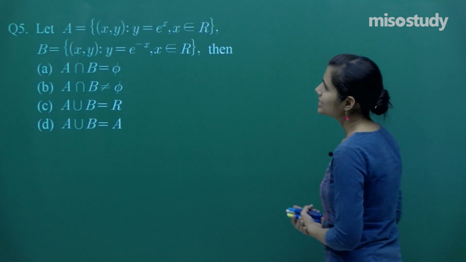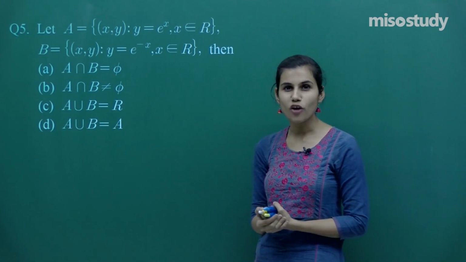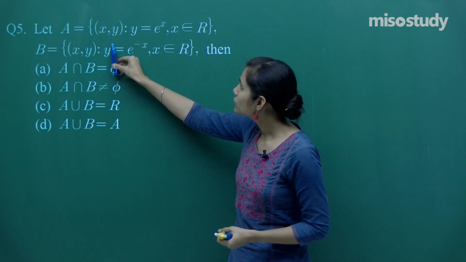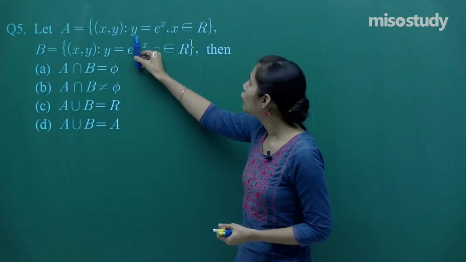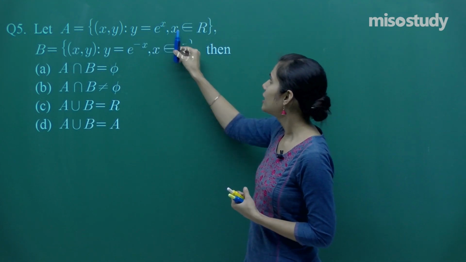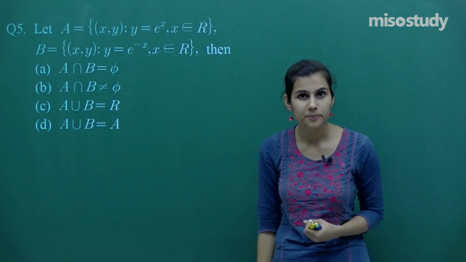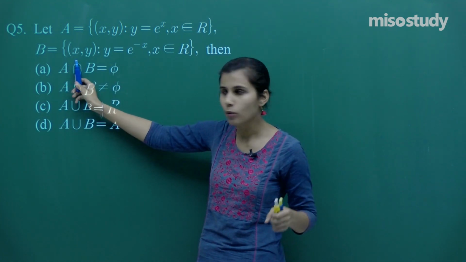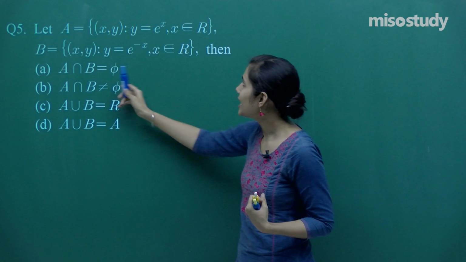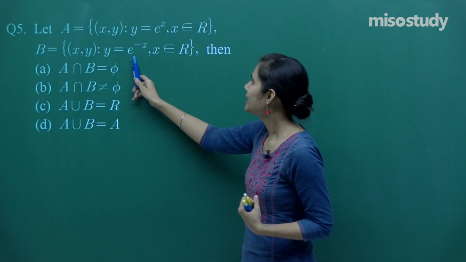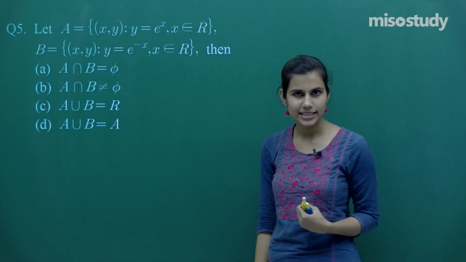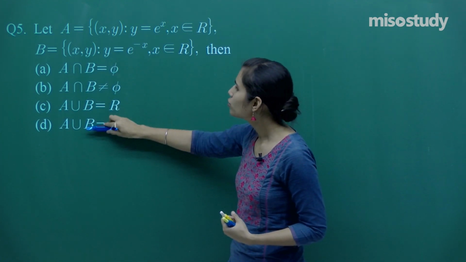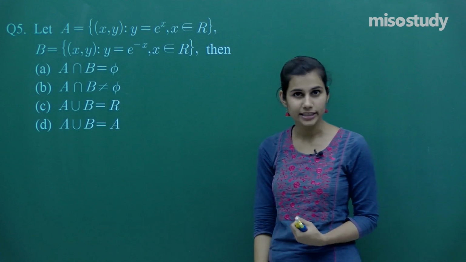This question says, suppose A is the set of all those tuples x comma y such that the y in the tuples looks like e to the power x, where x is a real number. Whereas in set B we have tuples of the form x comma y, wherein the y looks like not e to the power x but e to the power minus x. Then what do you think happens to the intersection and the union?